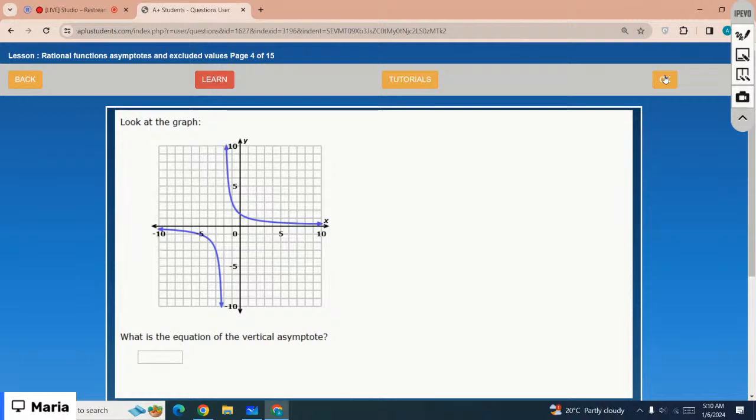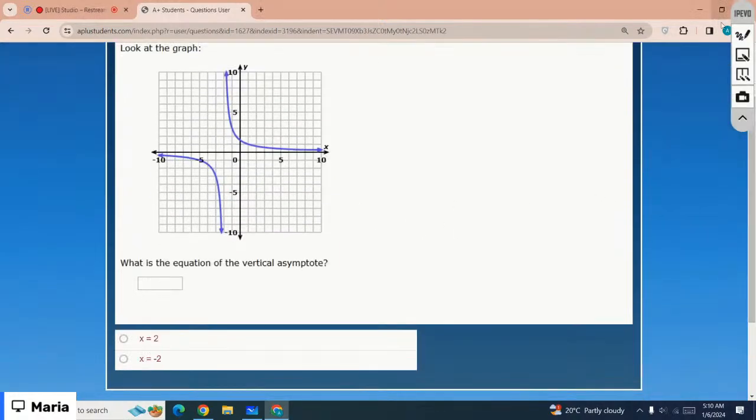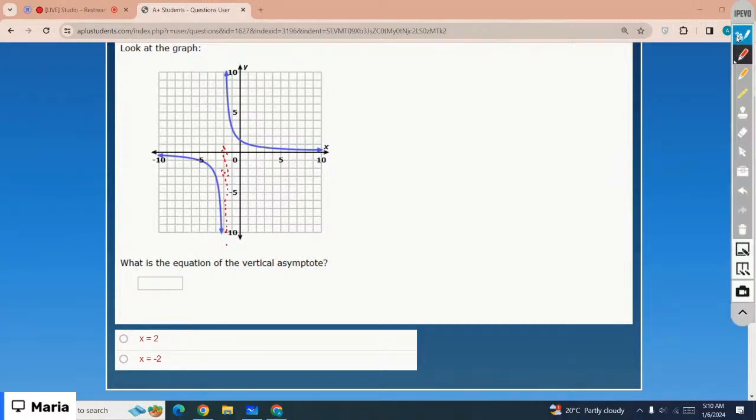Look at this graph. What is the equation of the vertical asymptote? So the vertical asymptote is, okay, let me make a complete line.